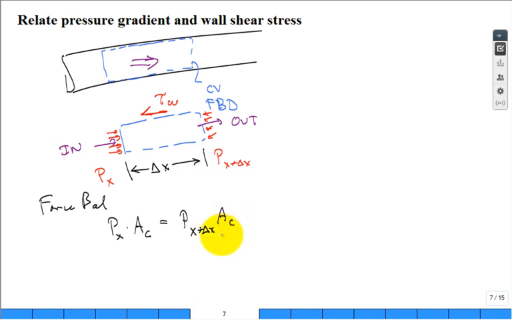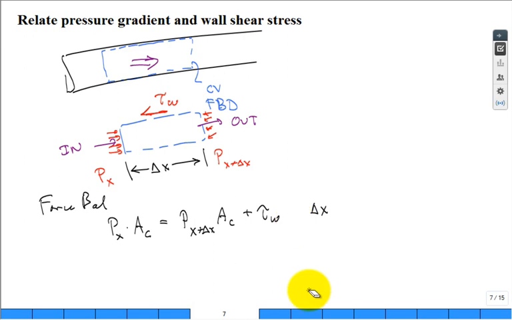times the same A sub C, plus pushing back in that same direction is the wall shear stress. Now what is that multiplied by? Is that multiplied by A sub C times delta X? No. So what's it multiplied by?